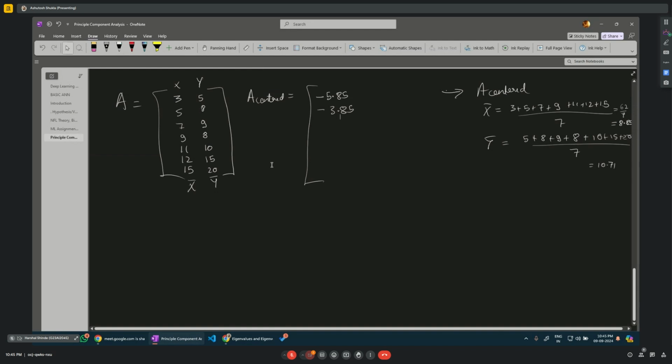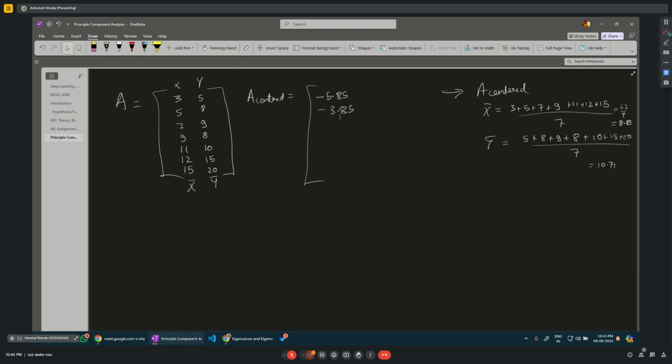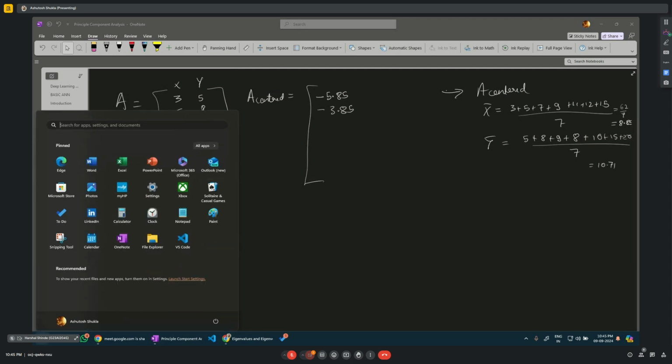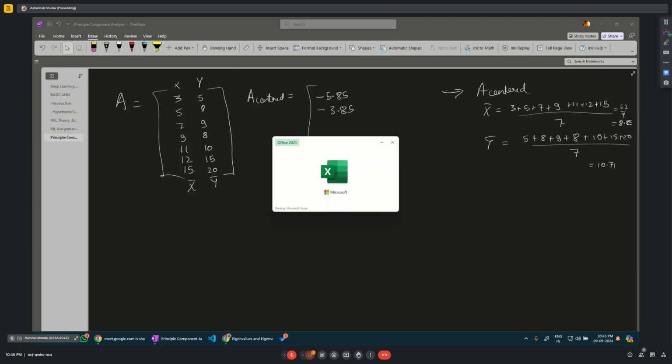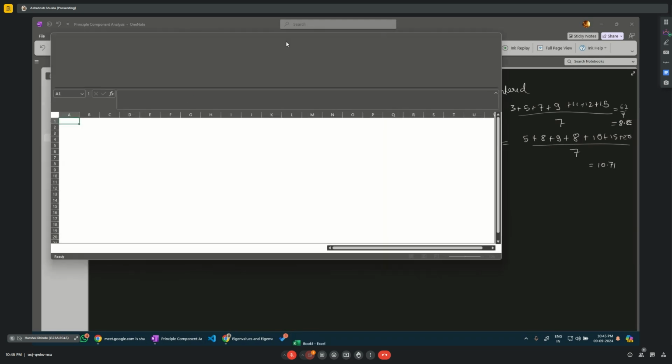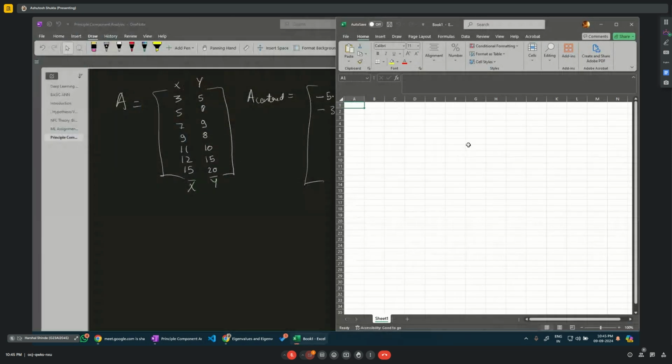Can somebody help me with this? You could do it much quicker. Or should I just open Excel, I guess? Let's do that. 3, 5, 7, 9. I'll just put it like this.